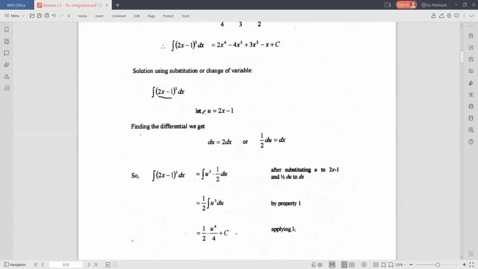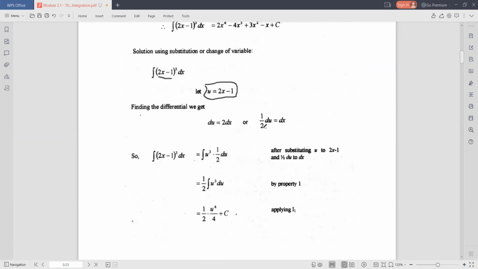And then we differentiate the value of u, in which we can get the derivative of u, so derivative nito, is 2dx. Or the value of your dx is now 1/2 du. So transpose lang natin sa kabila, or just multiply by 1/2. Transpose natin sa kabila para makuha natin yung dx dito.